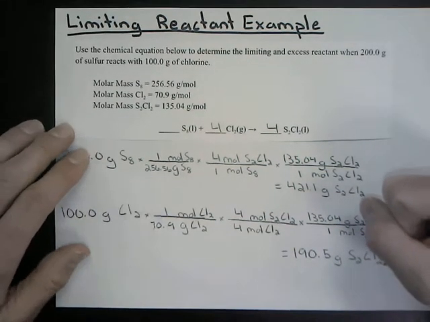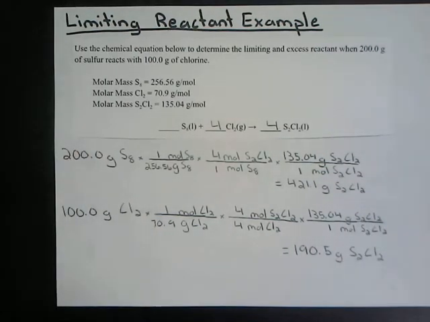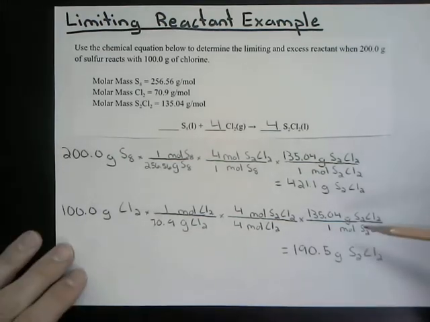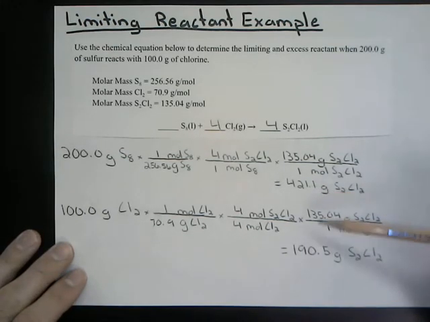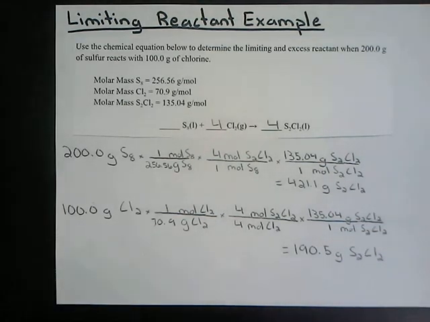Okay, so here is a very crucial step that we just have to think about. We've done a lot of work in this problem so far, and so what we need to do is ask ourselves, what number is smaller, 421.1 or 190.5? Well, 190.5 is definitely significantly smaller.